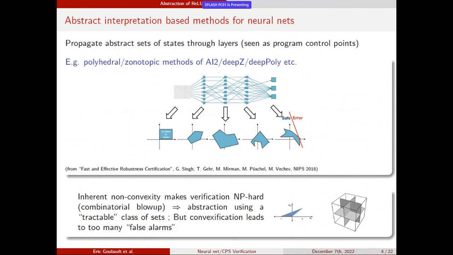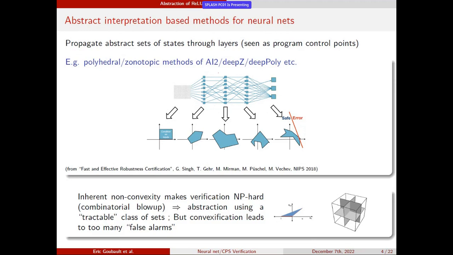Either you make an over-approximation for those ReLU layers, but then you lose a lot of precision. Another thing that you could do is some sort of disjunctive analysis, some reasoning by cases, but then obviously, very quickly, you're going to have a combinatorial explosion, and this doesn't scale.